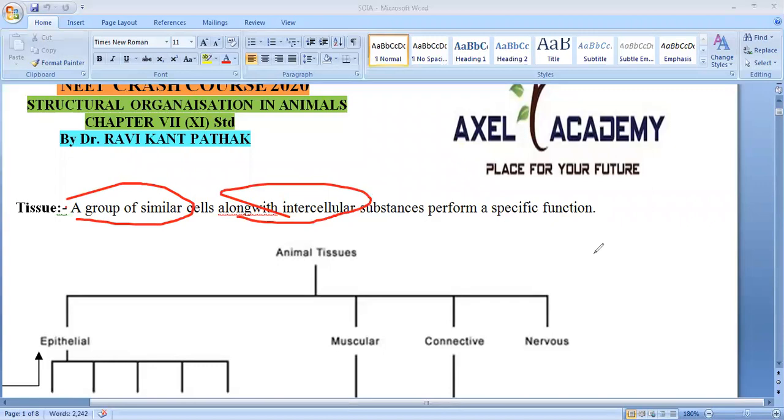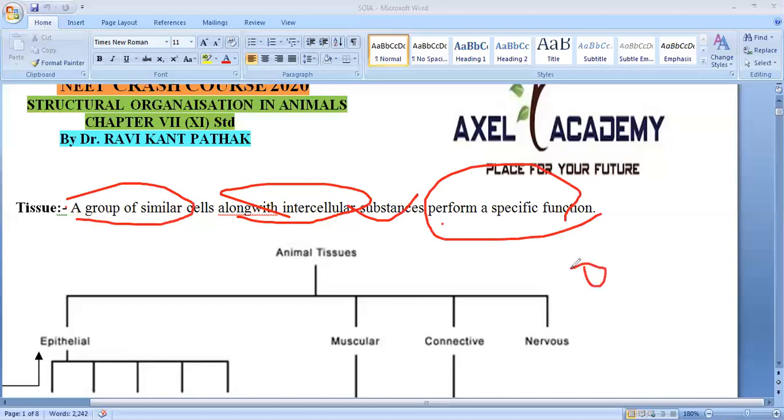These are considered intercellular substances, and they connect one cell to another cell. A group of similar cells along with intercellular substances perform a specific function.